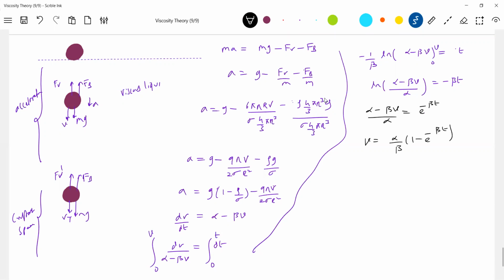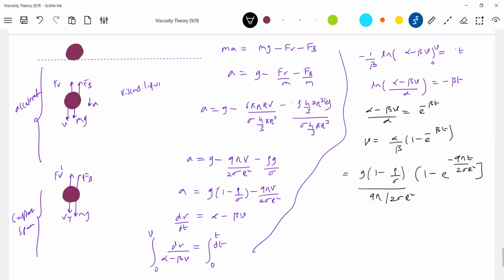What is alpha? Alpha will be g. Let's write the final equation. What is beta? Beta is this whole thing, 9 eta by 2 sigma r square, so e to the power minus 9 eta t by 2 sigma r square.